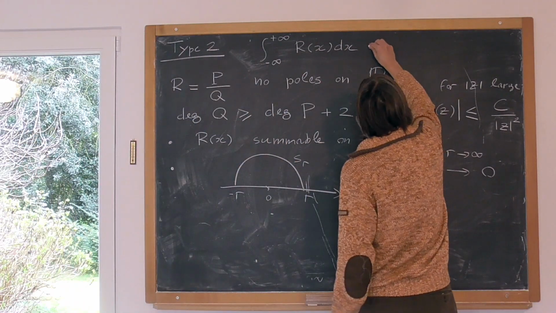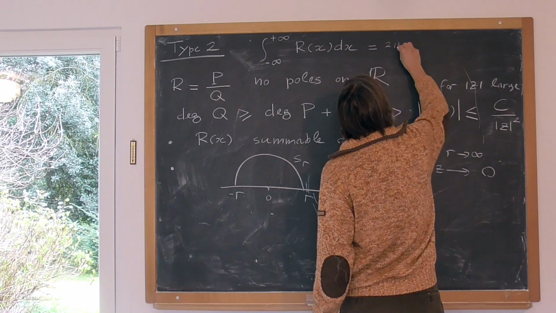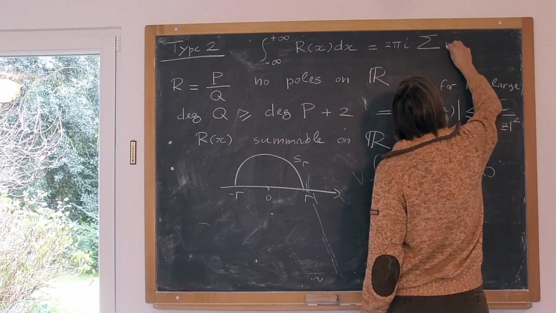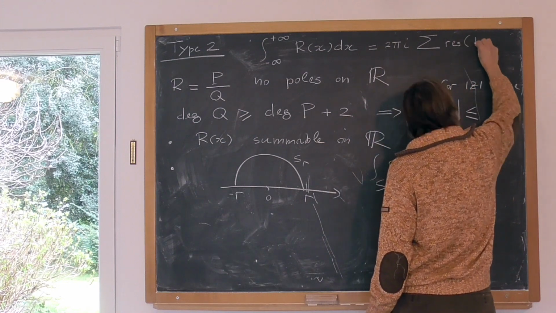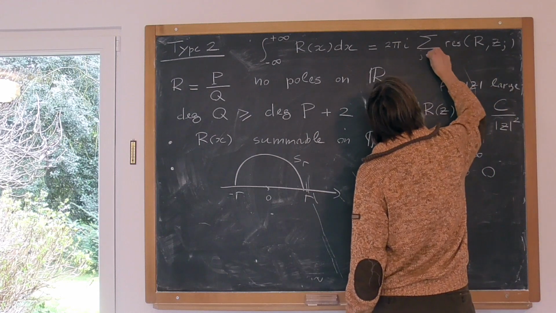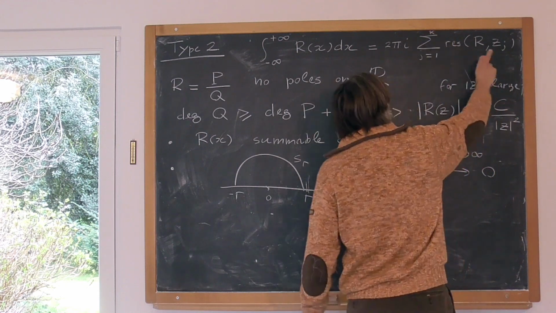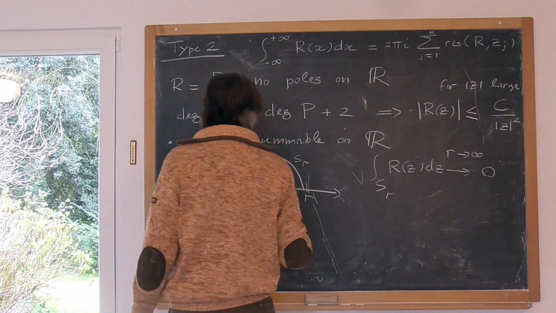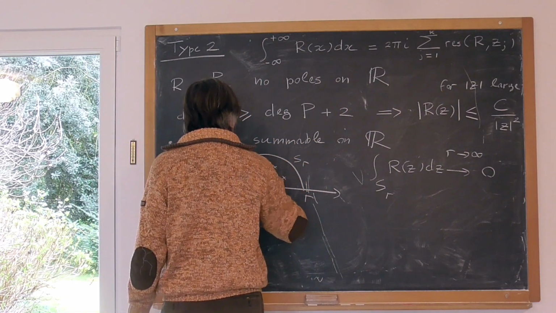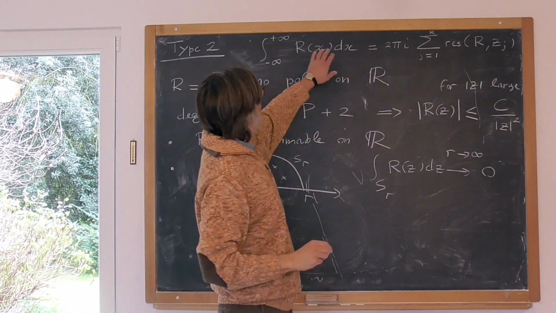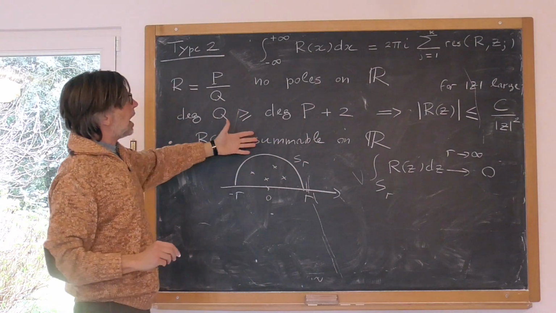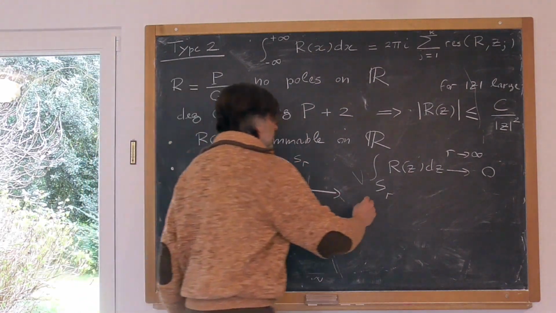Hence we obtain the formula: this is 2 pi times the sum of the residues of the function R at z_j, j from 1 to k, where the z_j's are all the poles of R that are contained in the upper half plane, right here.